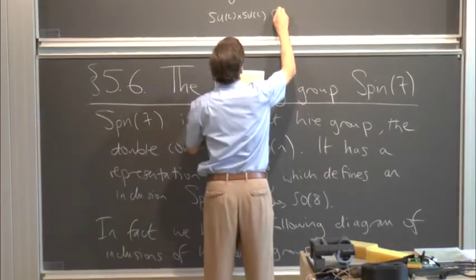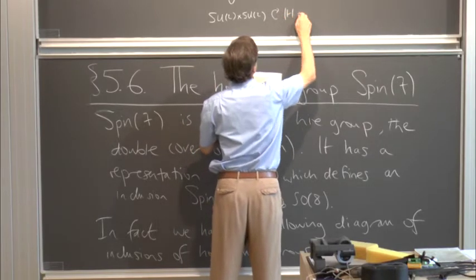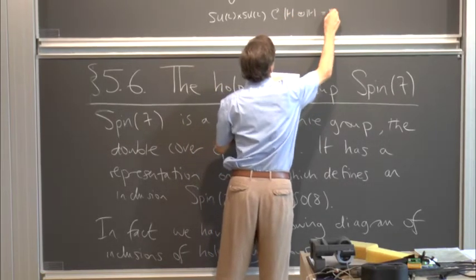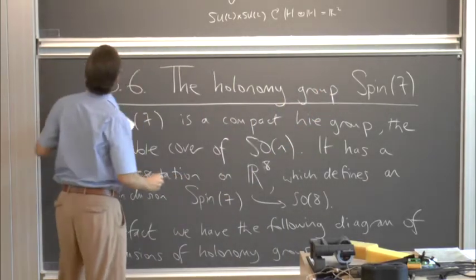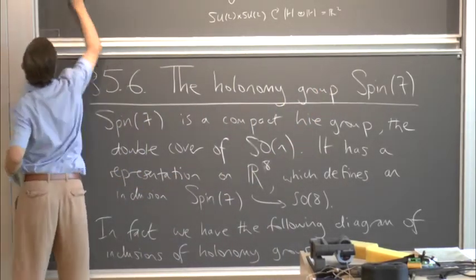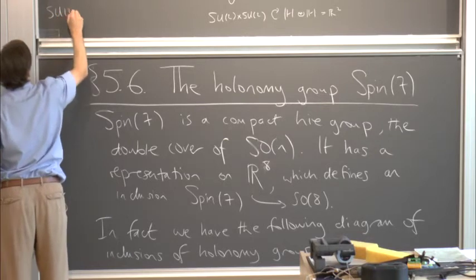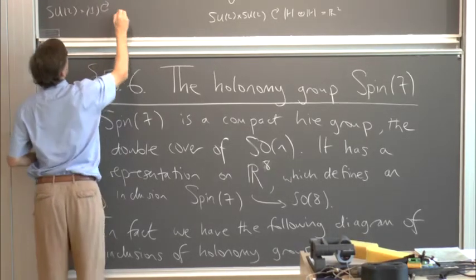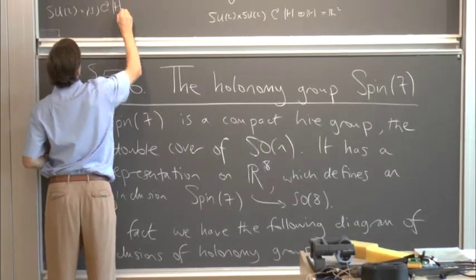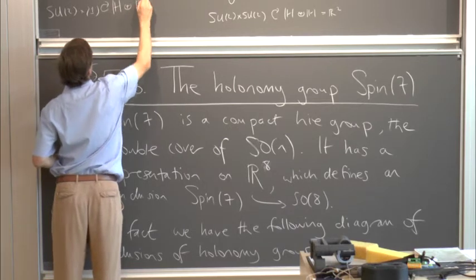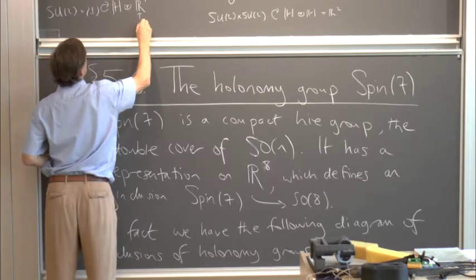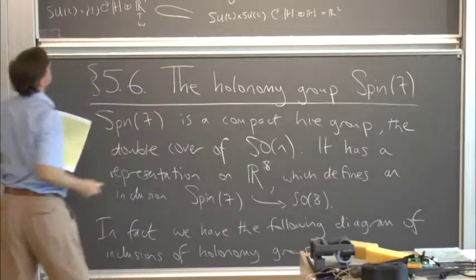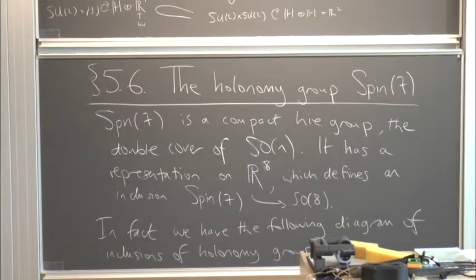This acts on H ⊕ H, which is R^8. And here we can take just SU(2) × {1}, acting on H or C^2, direct sum R^4, where the action here is trivial, and that can be included there. Okay, so there's a whole tree of interesting holonomy groups there.